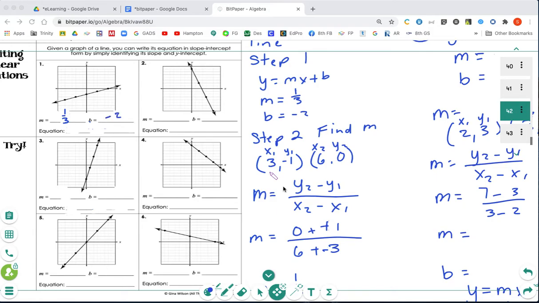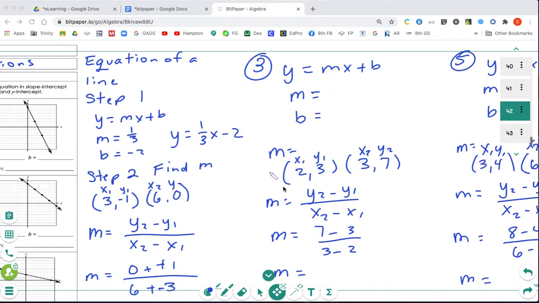So my answer, my equation is y is equal to 1/3 x minus 2.